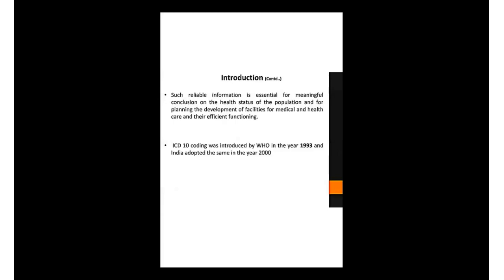In order to conclude the current health status of a particular region or population, we can gradually start our programs accordingly, to develop better health status of the people in that region. So for all these functionalities, we need an international classification.